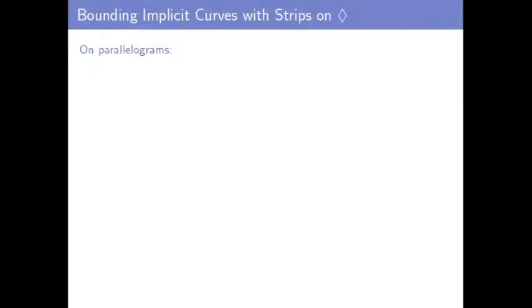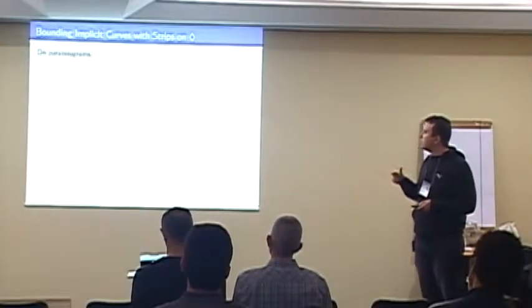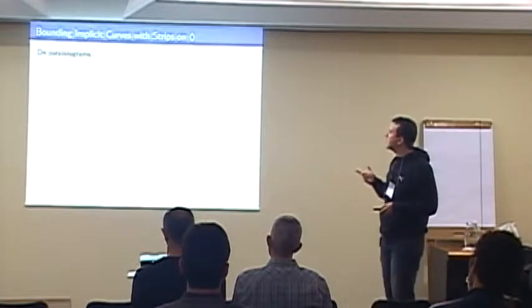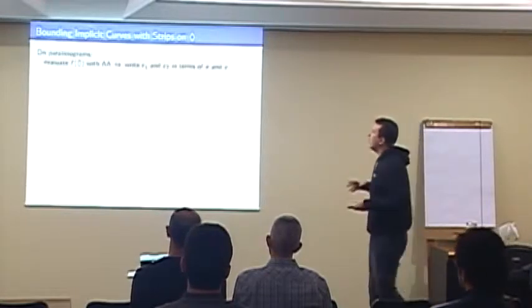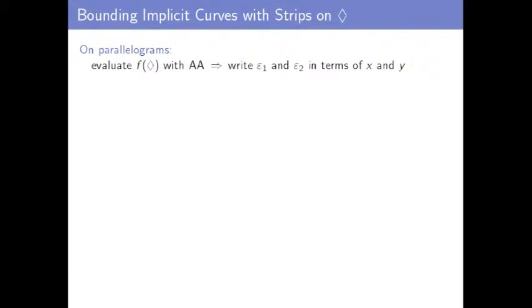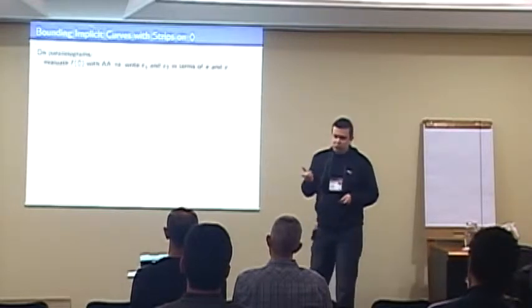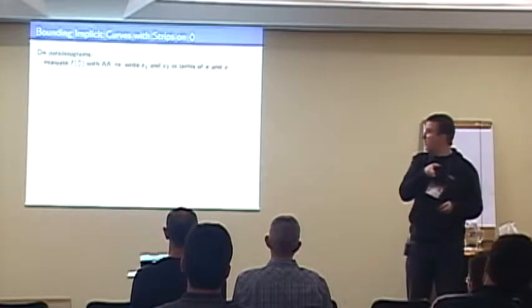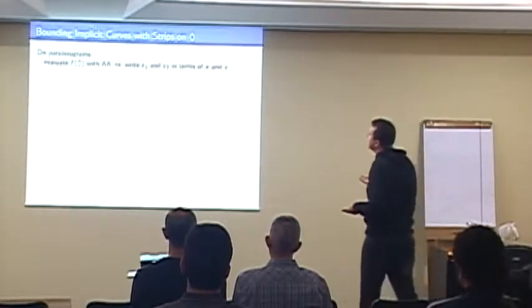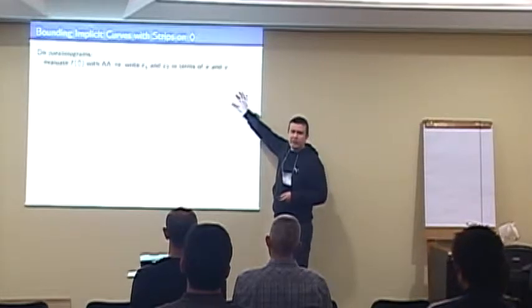Now we will extend this concept to compute bounds to implicit curves with strips on parallelograms, okay? We need to evaluate the function f on a parallelogram with affine arithmetic. To reuse the previous framework, we just need to write epsilon 1 and epsilon 2 in terms of x and y, okay?